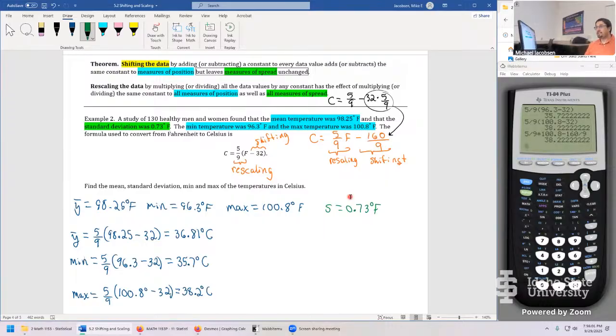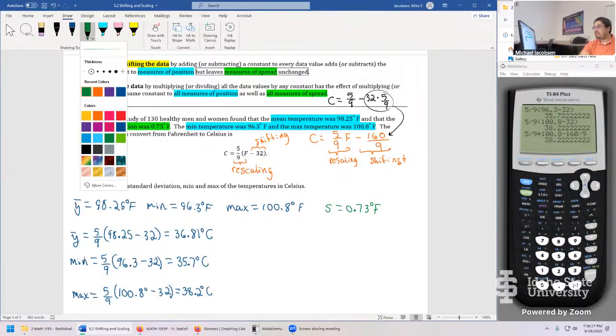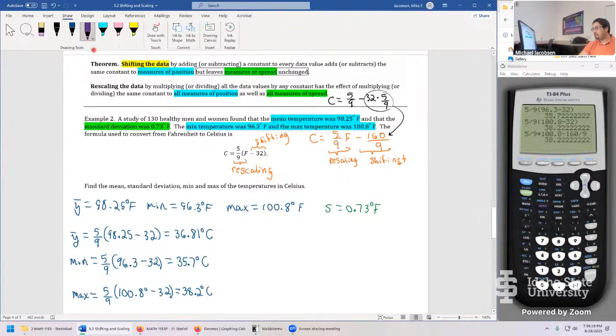But once the measure of spread comes in, suddenly it feels like algebra broke. Things are working differently. And it's because of this part. When you shift the data by, say, subtracting the same value from all observations, the measurement of spread will be unchanged. So for the standard deviation S, it's as if this part doesn't matter, and this is your whole formula.